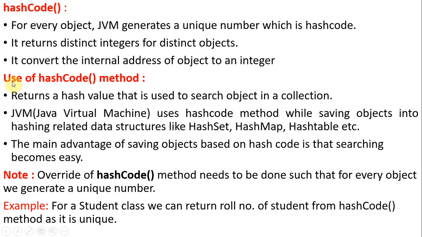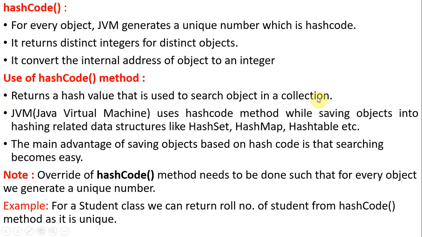So when it comes to the use of the hashCode method, it returns a hash value that is used to search an object in a collection. So what is a collection? Till now we don't know this. In general, if you already know, it is like arrays. An array is the best example of a collection, which means to store a set of data, we can go with collections.